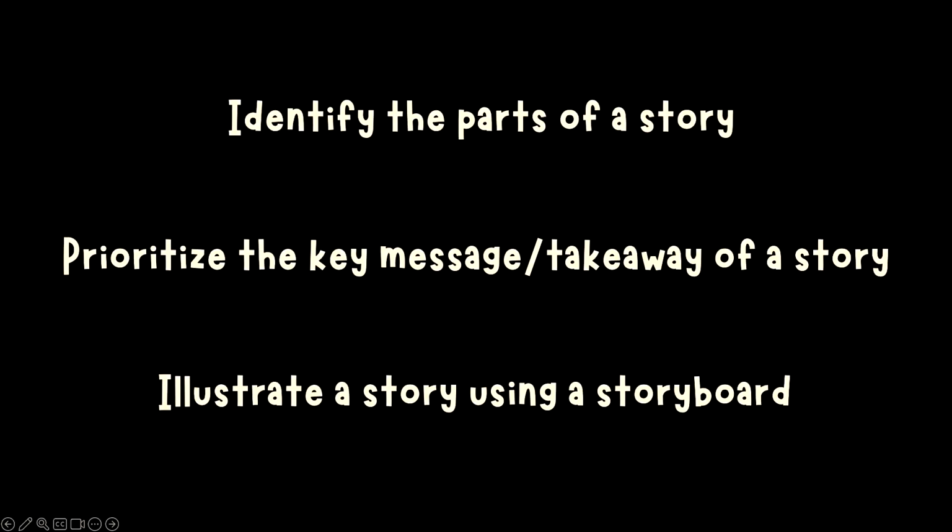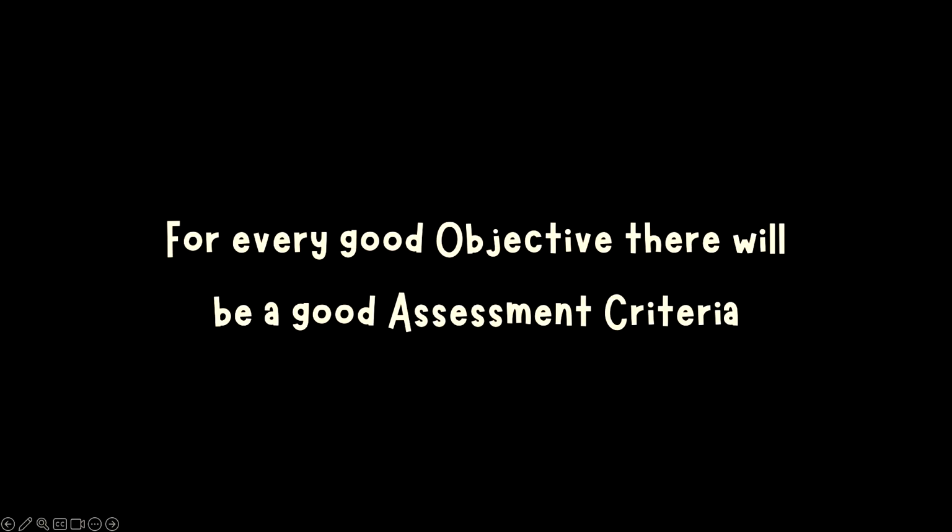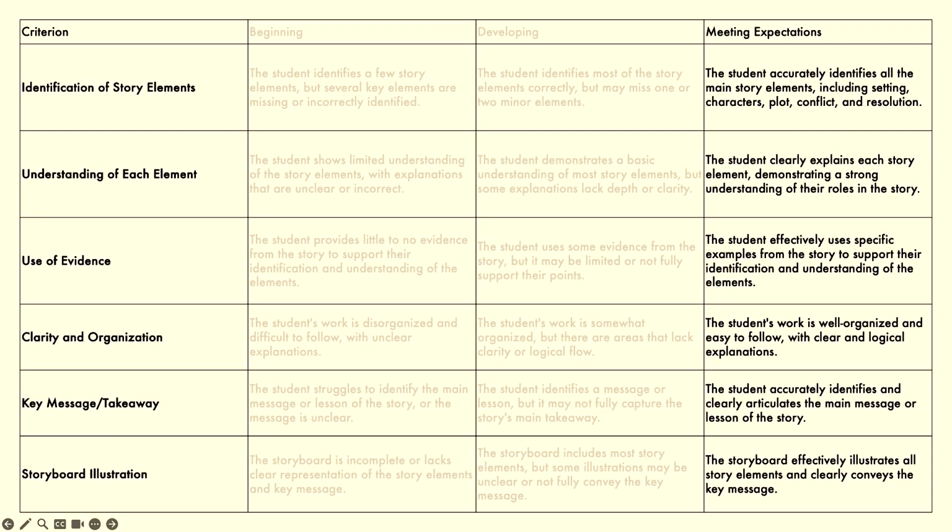Okay. So I'm going to come back to my presentation and say that for every objective, there will be a good assessment criteria. Because you already have 3 very powerful objectives, you're able to create an assessment criteria. It looks like a rubric in Canvas. It is. Actually, it is a rubric in Canvas.